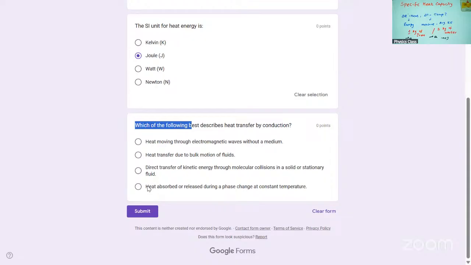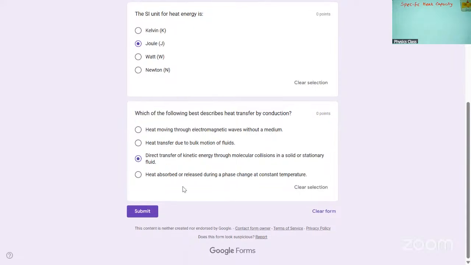And fourth one, heat absorbed or released during phase change at constant temperature. Which one is correct? According to conduction, option C is the correct answer.